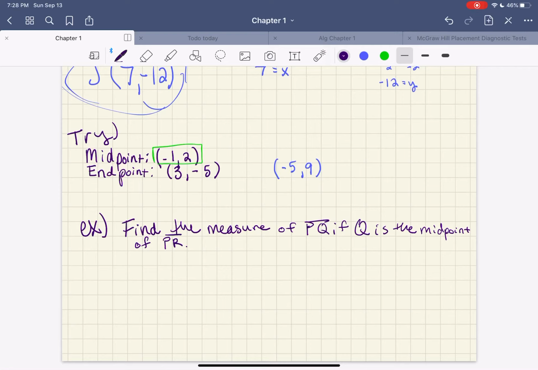And you are given just P, Q, and R, no coordinates. And you are given, for the other piece of information, just some information about the lengths. So PQ is going to be 9y minus 2, and QR is 14 plus 5y.